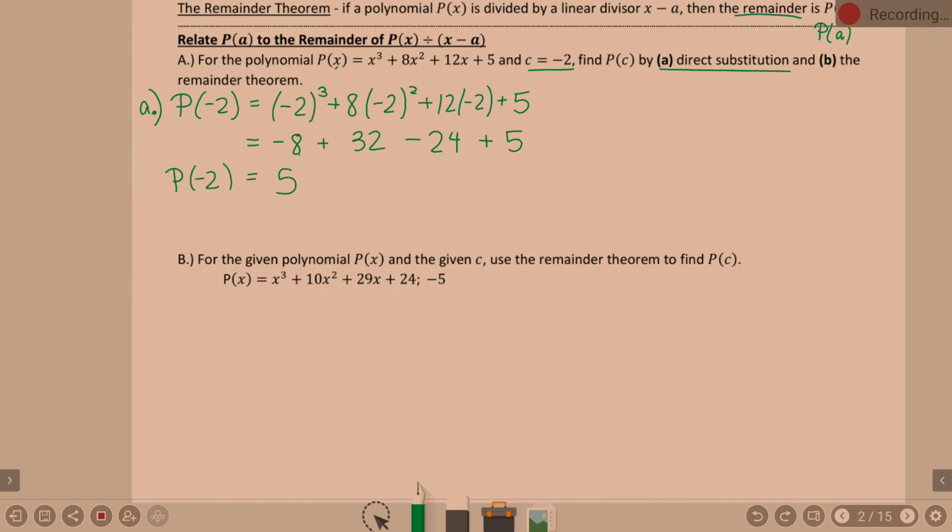So when we plug that in, we got 5. That would be the remainder if we divided x cubed plus 8x squared plus 12x plus 5 by x minus -2, so x plus 2. That's one option, direct substitution. You can use that to find a remainder. What's the other option?